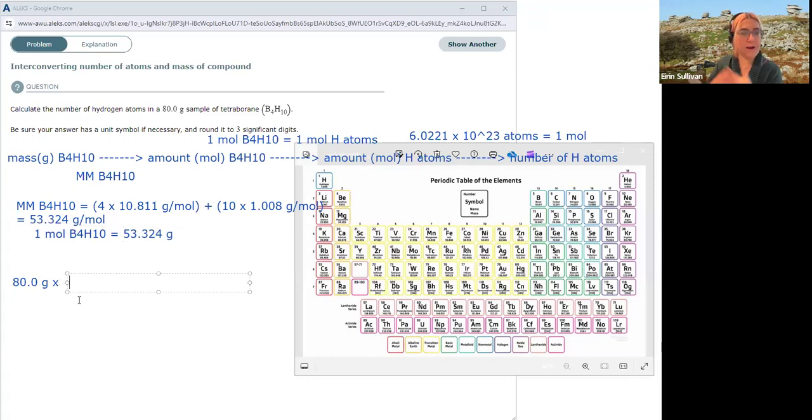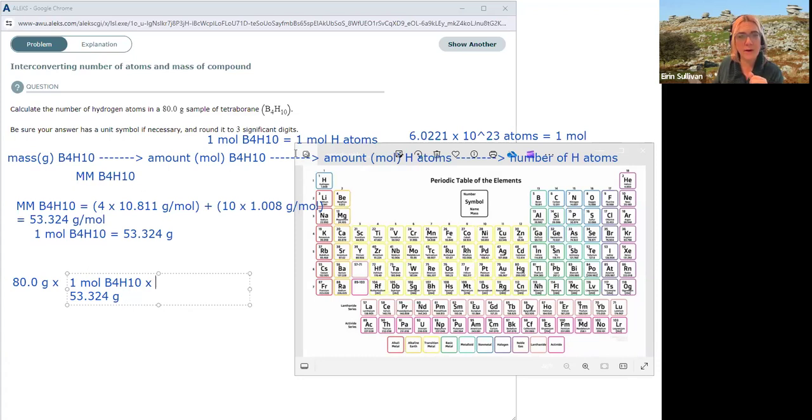So that 53.324 grams has to go on the bottom to cancel out. If I was to press equals on my calculator right now, see the grams cancel out and I'm left with moles. I am here on my flowchart, but I can just keep going, okay? This is a great way to not accidentally press equals, write a number down wrong and carry through an error, right? If you just keep going.